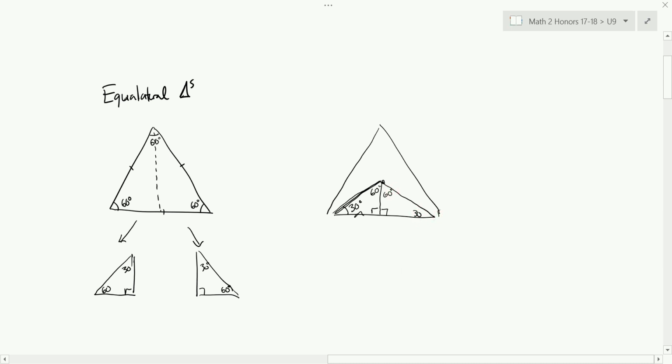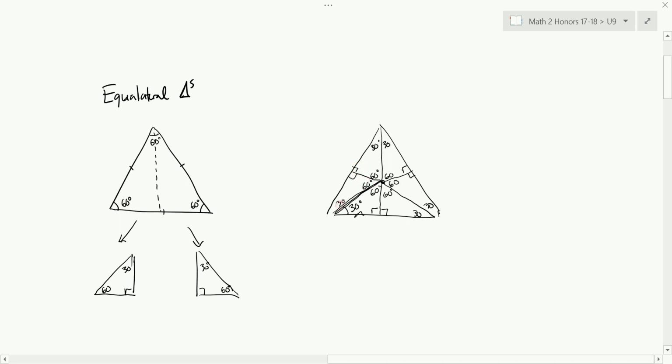If we look at this apothem, this is a 30, 60, 90. Draw that vertex. This is 60, 90, 30. So we have this symmetry all the way around the circle here. And this is nice to know when we're working with equilateral triangles.